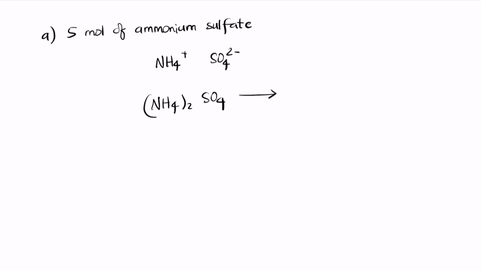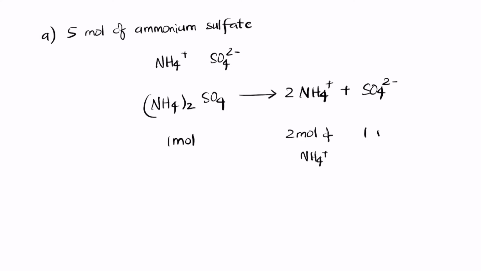When you split it, notice that there are 2 of them here. So you get 2 NH4 plus and SO4 2 minus. So for 1 mole of ammonium sulfate, you get 2 moles of ammonium ions and 1 mole of sulfate ions.